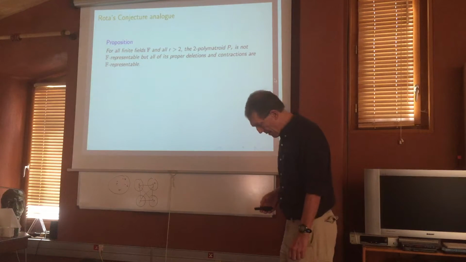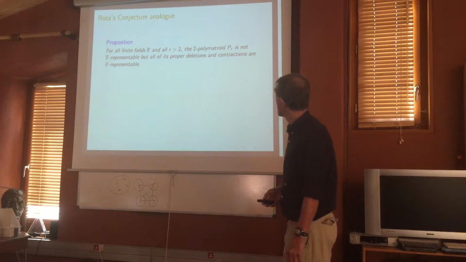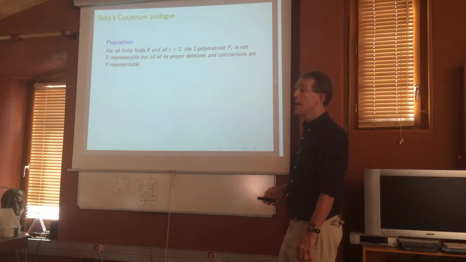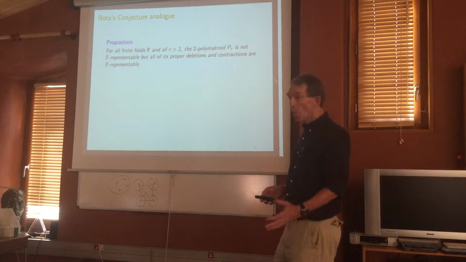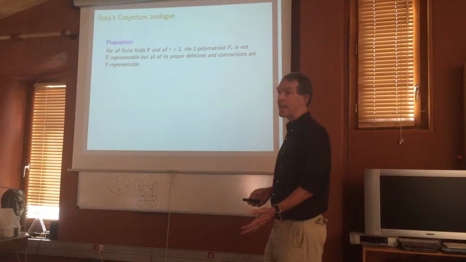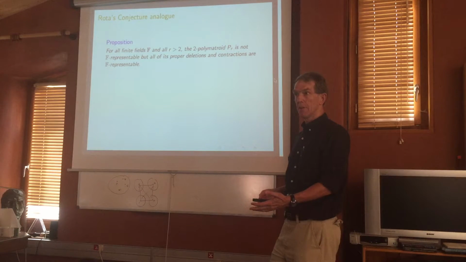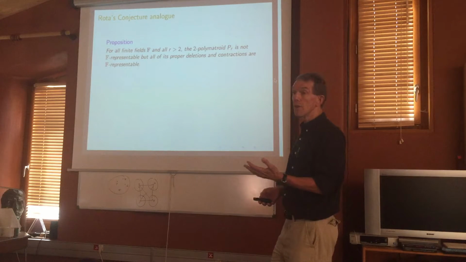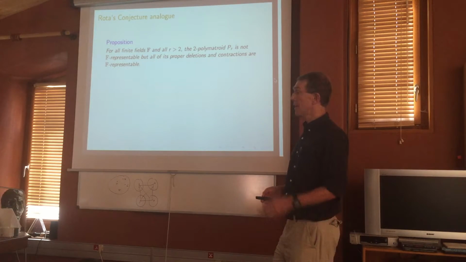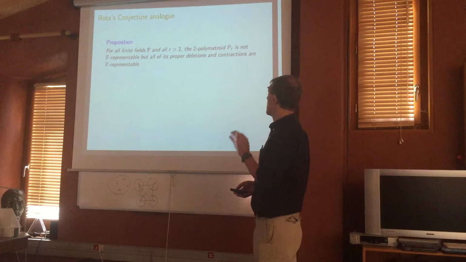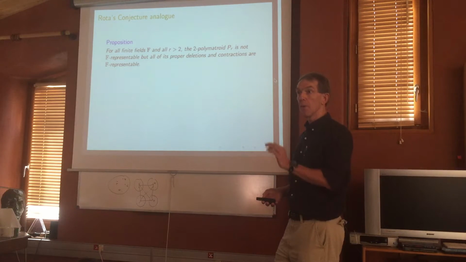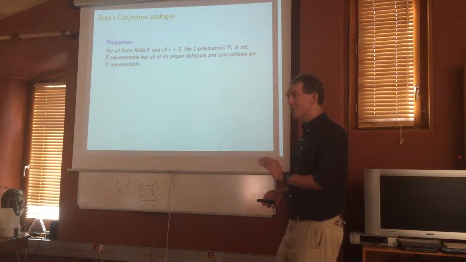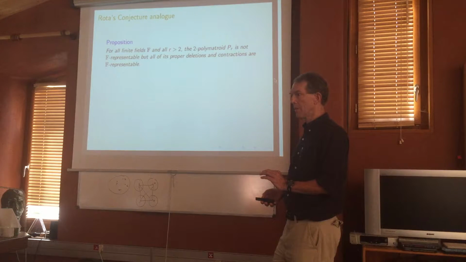It turns out that these 2-polymatroids Pr, they're not representable over any field, but all their proper deletions and contractions are representable over them. So again, take a finite field F, this 2-polymatroid Pr is not F-representable, but all of its deletions and contractions are F-representable.